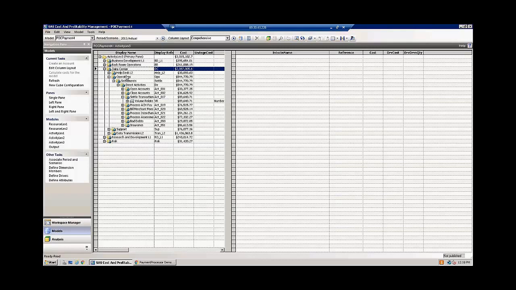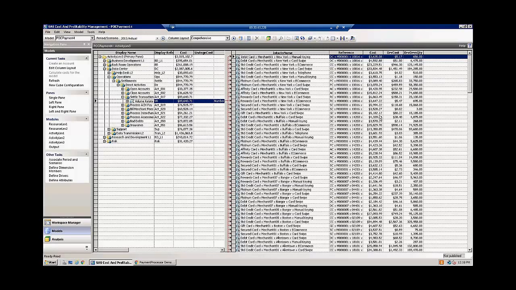We can look at cost by different activities such as open accounts, close accounts, settle transactions, and so on. For example, we can see the assignments from settle transactions to different combinations of product, merchant, location, channel, and so on. Once again, the driver cost column shows the dollar value of each specific allocation.